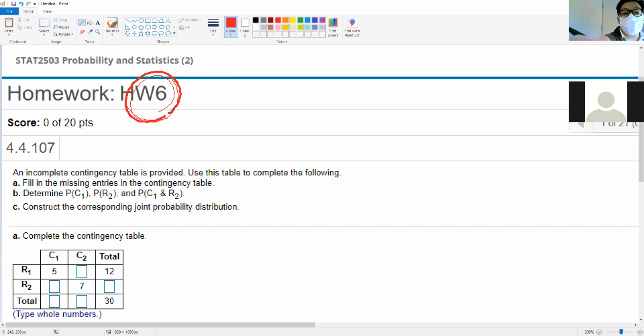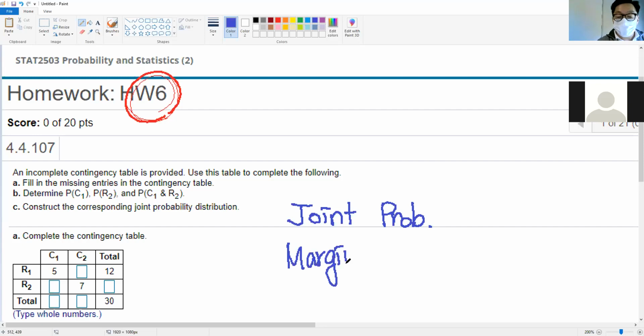Today here, we are going to discuss two things. One is the joint probability, and the other one will be the marginal probability. For the two probabilities, we are going to use a table.